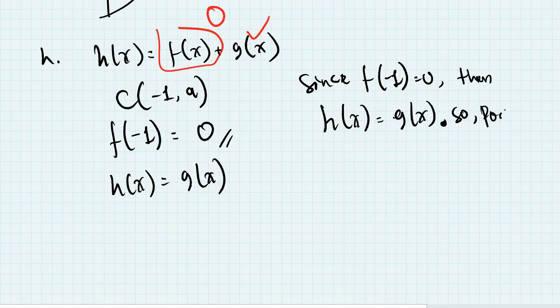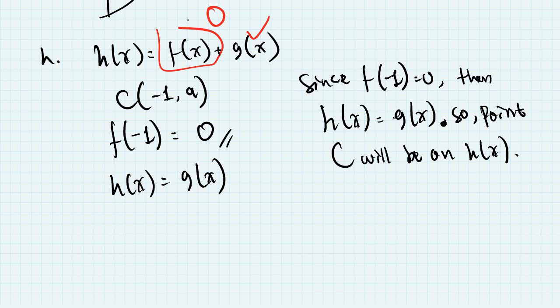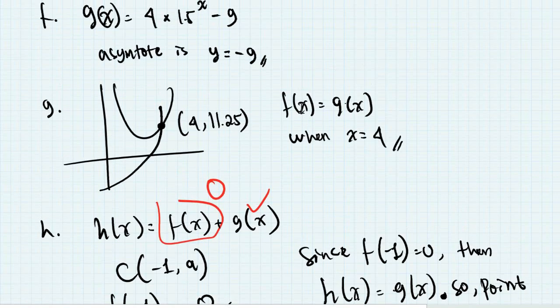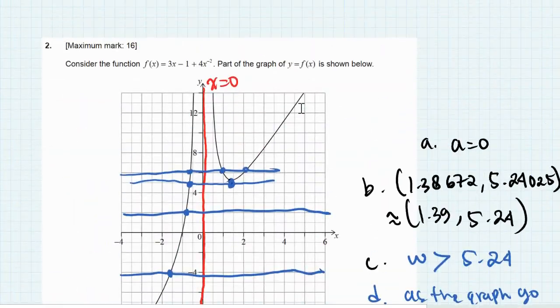So point C will be on hx. What happens when f of negative 1 is not 0? Then it will be a different case. Because the value of f of negative 1 is 0, it makes hx equals to gx. Okay, so that's it for this question. I hope this can help you. Thank you.